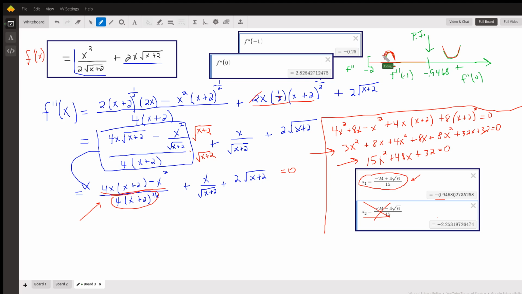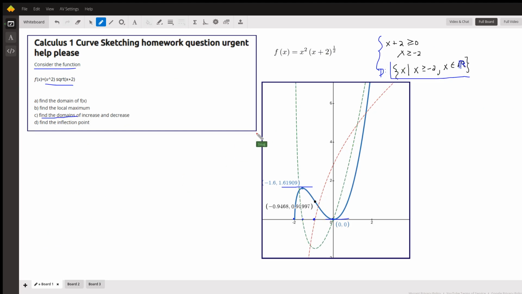Since the concavity changed from down to up, this is a point of inflection. Okay, and you could put negative 0.468 into the original function to get the y coordinate. That y coordinate is, it looks like, 0.91997 approximately.